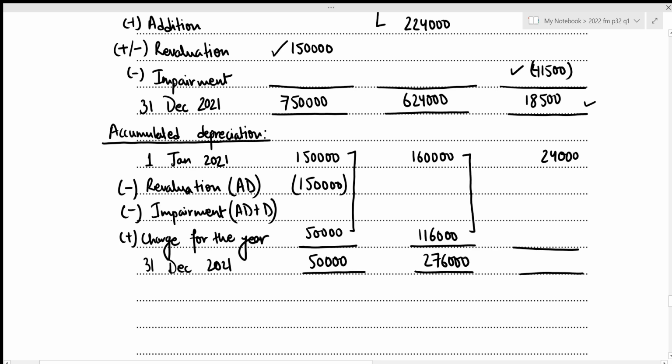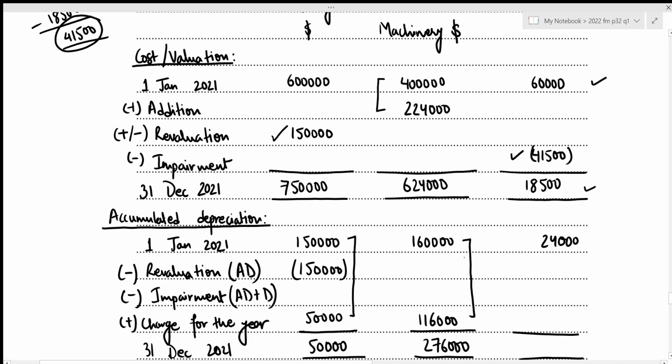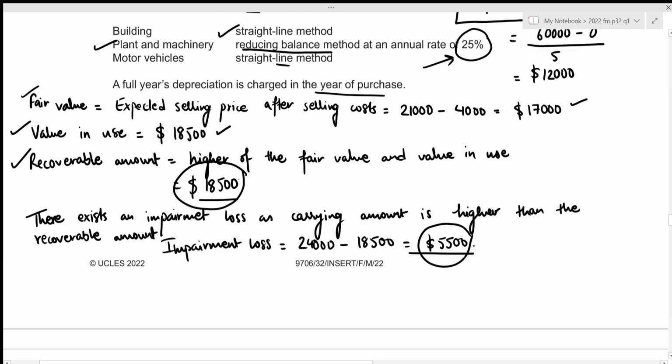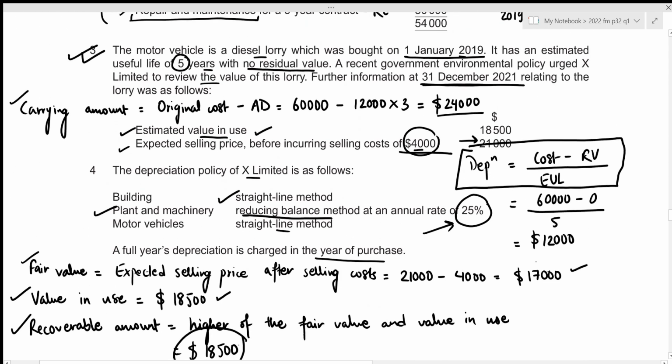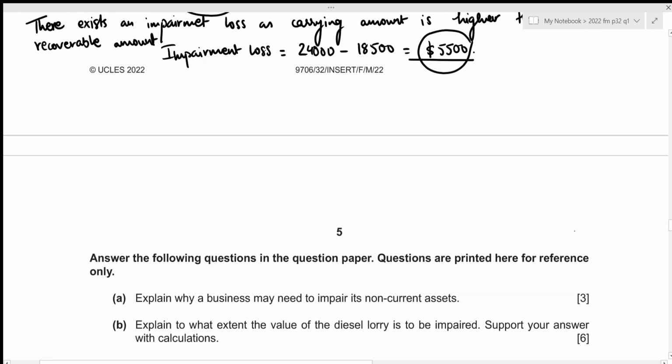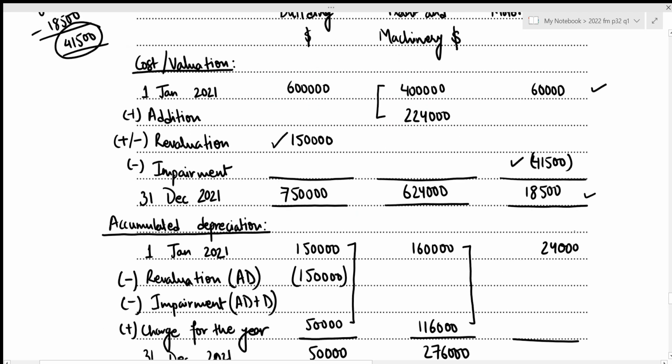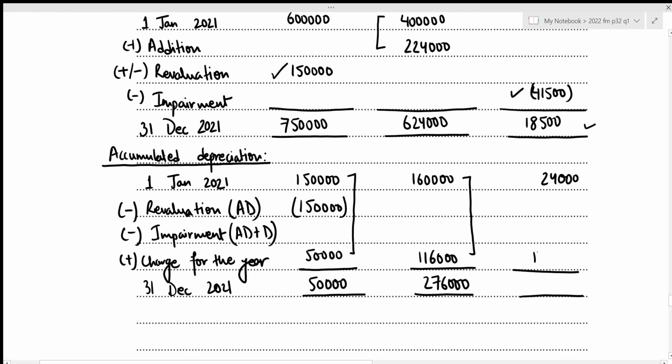Now, for motor vehicle, there was an impairment, and we already figured out the depreciation charge for the year as well. So let's have a look above. The depreciation charge per year was 12,000. So let's substitute this amount into our statement. That will be 12,000.